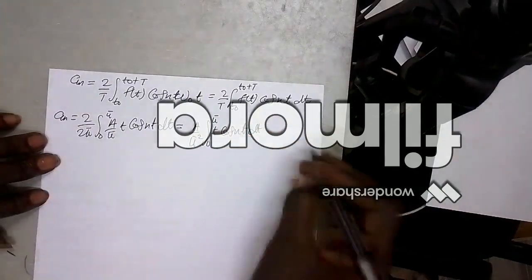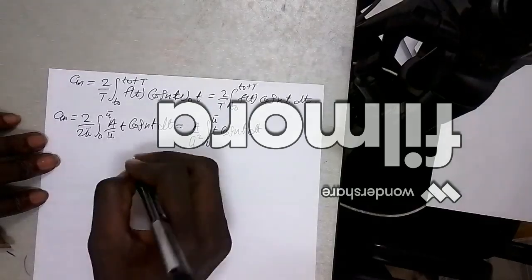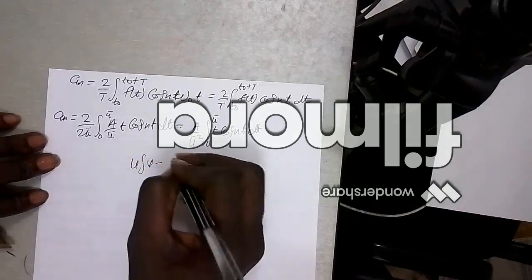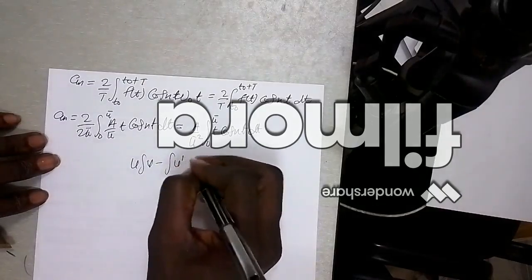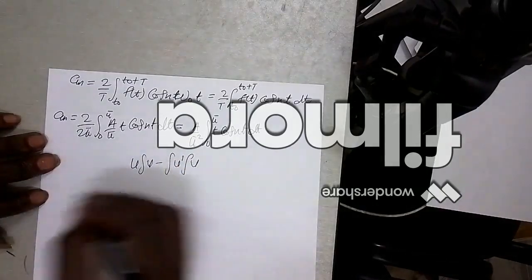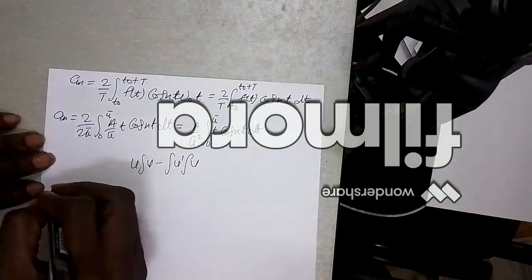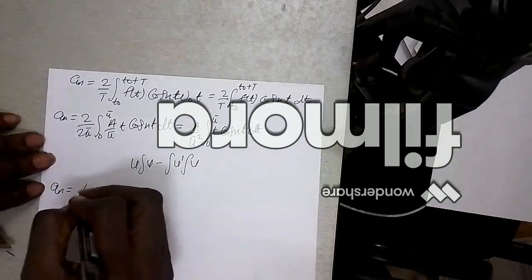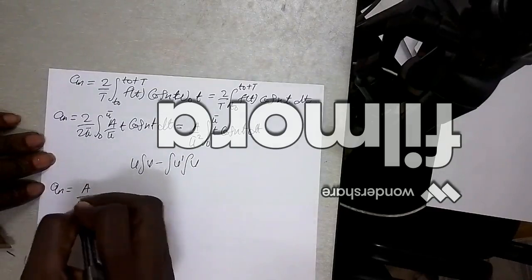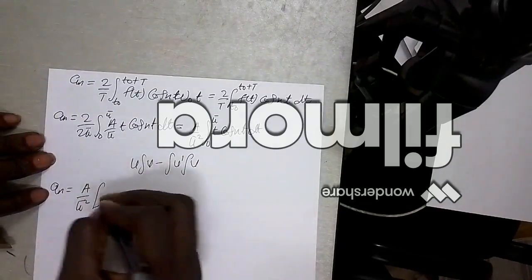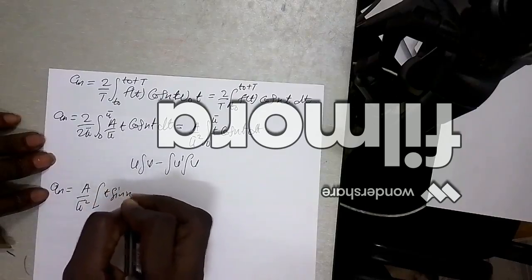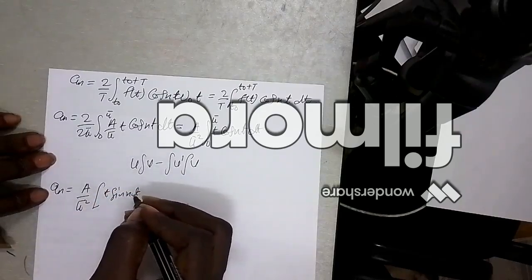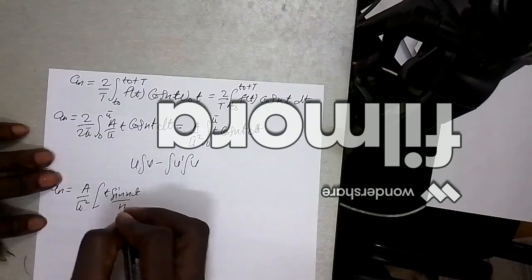Okay, so now here you use integration by parts, which is u integral v minus integral of u differentiated times the integral of v. So now here you're going to get an is equal to a on pi squared times: you hold t, t sine nt over n.